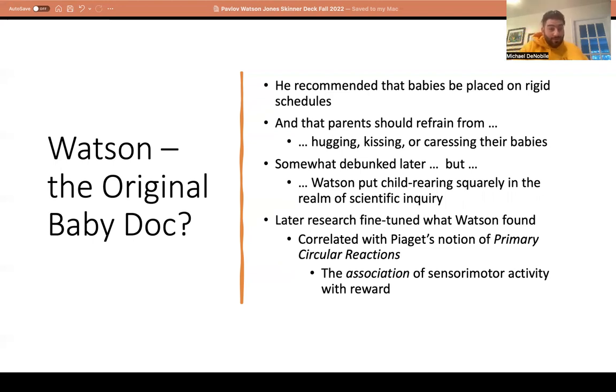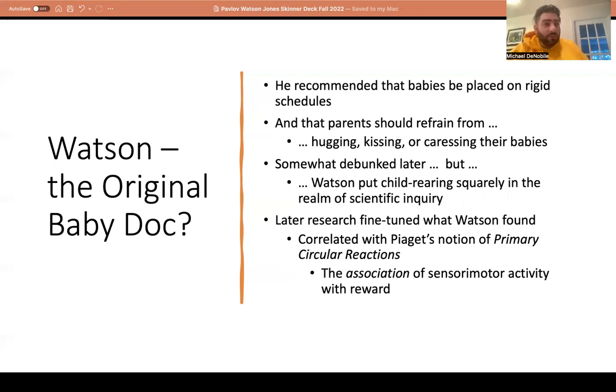The whole point of a lot of these scientists on the behaviorist side is that they took what was first seen as common sense and they started applying it to the scientific method.